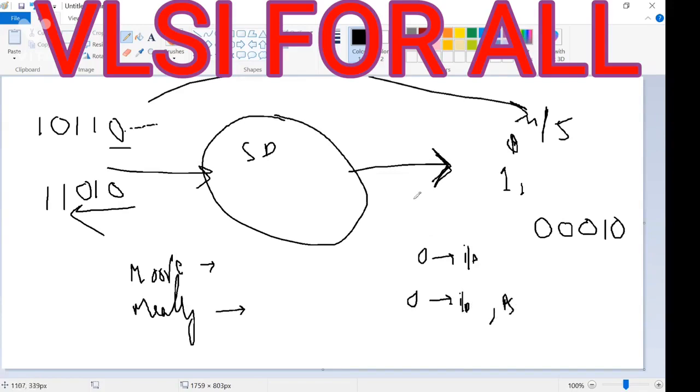So let's say you have a flip-flop. I hope you all know what a flip-flop is. In this case, this Q output depends on the input D as well as on the clock.